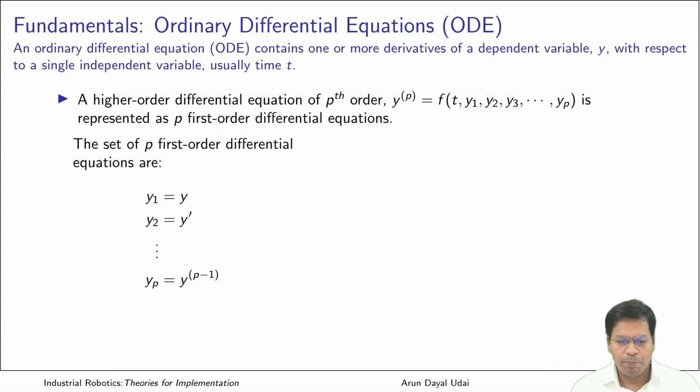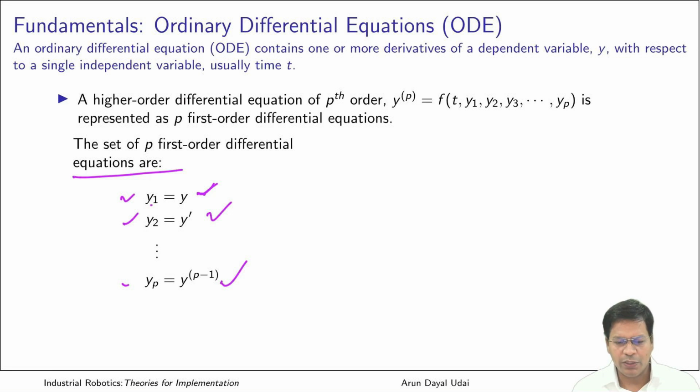They look like this. These are different variables now, and these are derivatives of y. This is no derivative, this is the first derivative, and this is the p minus 1 derivative.